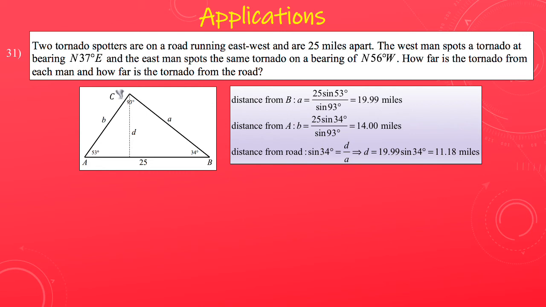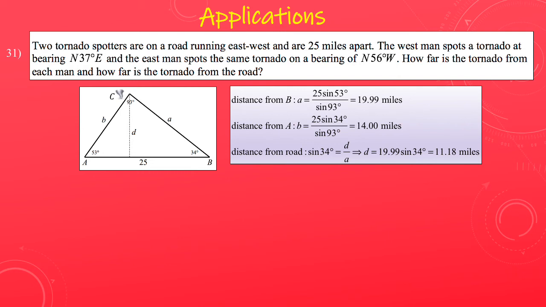So to get the distance from B, we will use the law of sines with angle A and angle C, and we get a is equal to 25 sine of 53 degrees over the sine of 93 degrees, which is 19.99 miles.